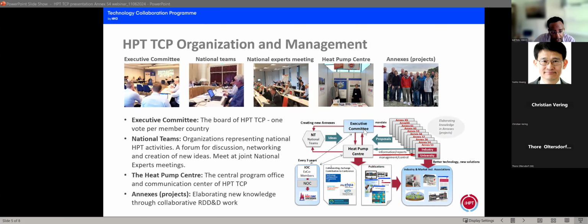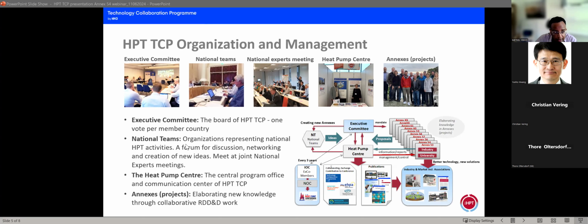Then within it, we have the national teams, which are the organizations representing the national heat pumping technology activities. Ultimately, these are the forum for discussion, networking, and creation of new ideas. The national teams also meet during the national experts meeting. This is a place where we conceive or initiate new ideas for international collaboration programs.